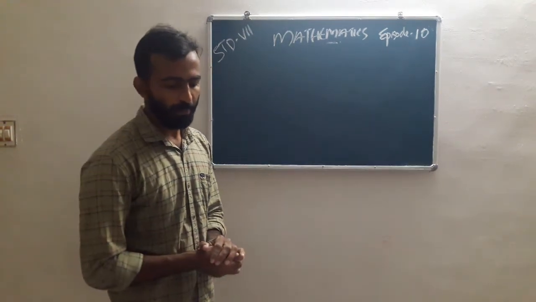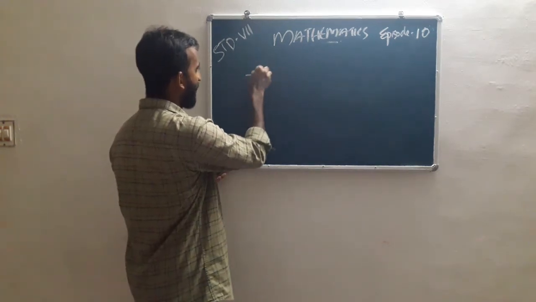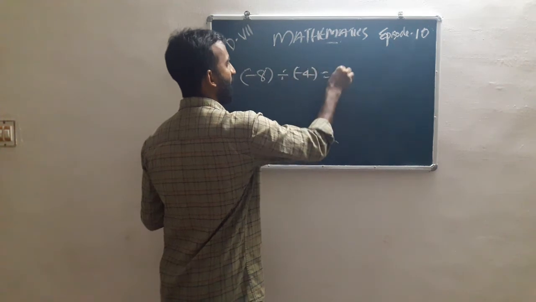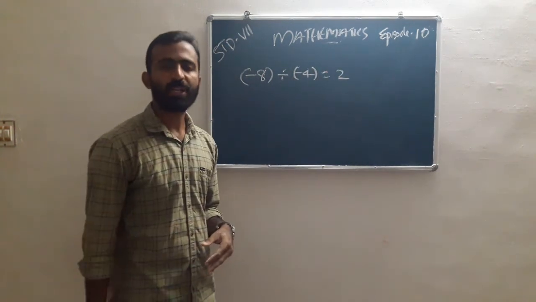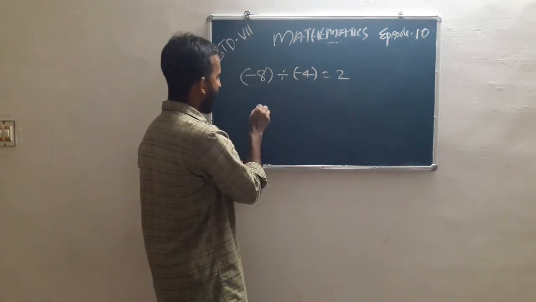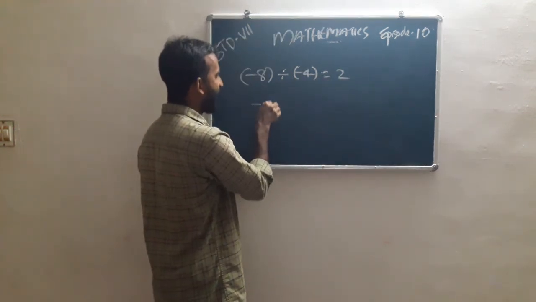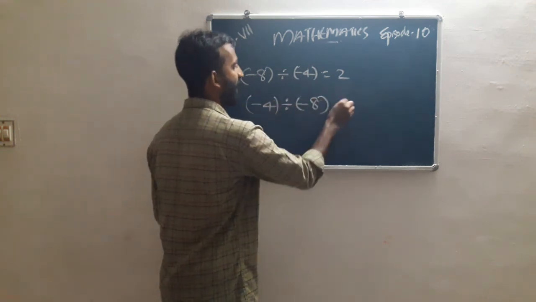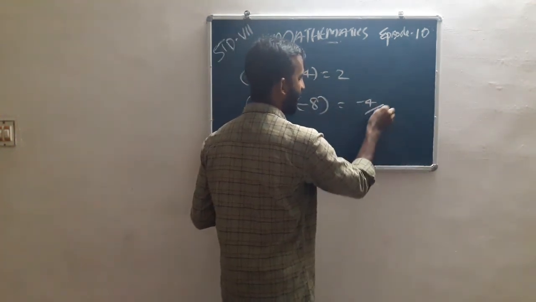And next, properties. We know negative 8 by negative 4, we get the answer 2. Is it? Yes. And when we divide negative 4 by negative 8, we get negative 4 by 8.